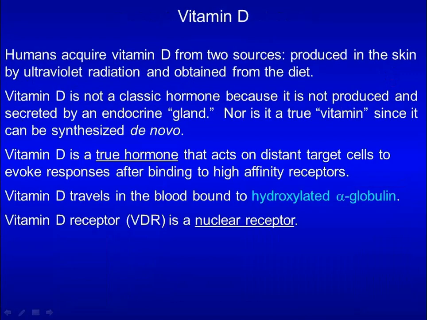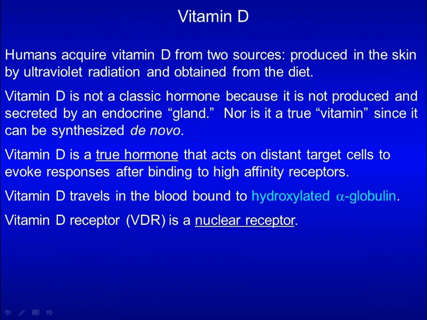Humans acquire vitamin D from 2 sources: produced in the skin by UV radiation and obtained from the diet. Vitamin D is not a classic hormone because it is not produced and secreted by endocrine gland, nor is it a true vitamin since it can be synthesized de novo.